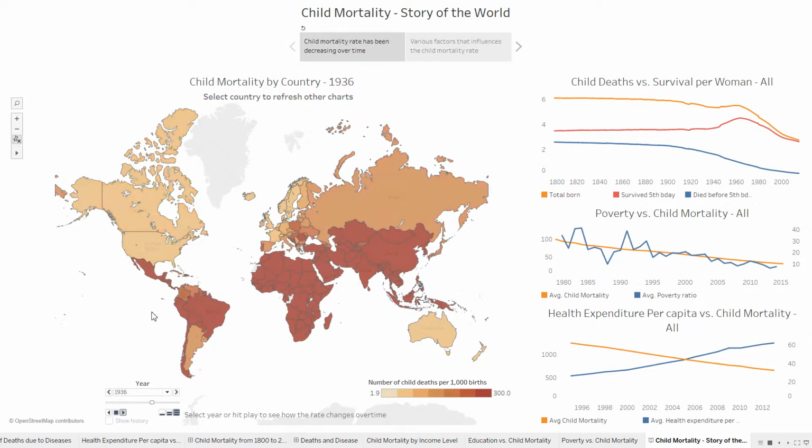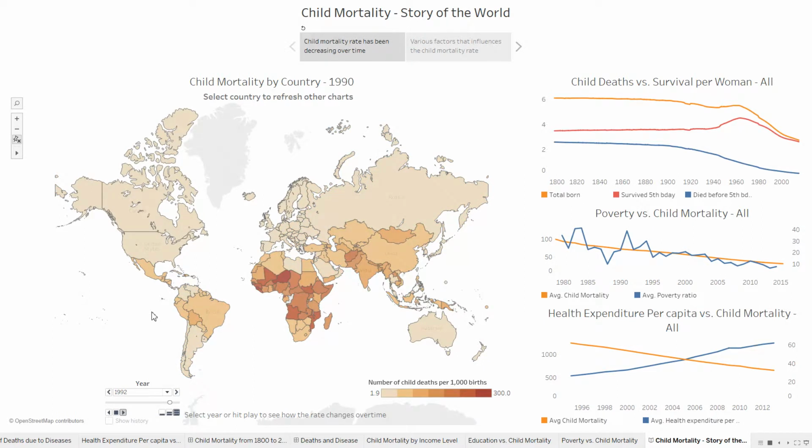The child mortality rate has been continuously reducing all across the globe. And in the final picture, we can see that it's almost close to one, which is really good. So currently, very few children are dying because of diseases and different reasons.